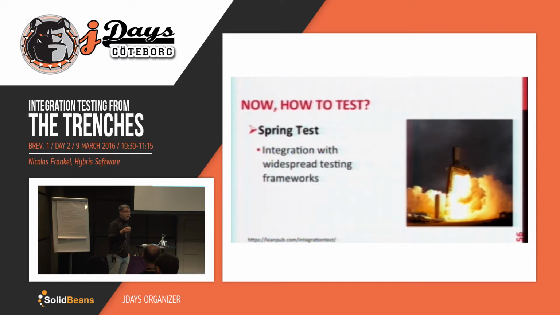TestNG, on the other hand, is just about testing. And one of the best features of TestNG is you can have dependency between test methods, which in unit tests is really bad. You should never do that. But for integration testing, it's really great.